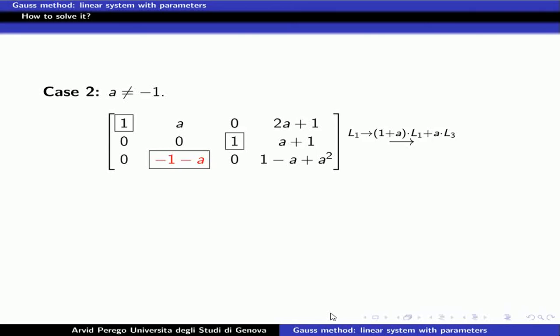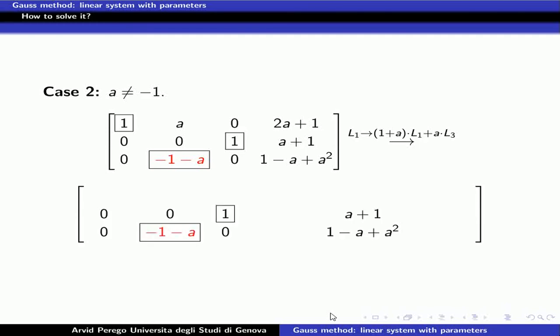And if we do this, then you see that the second and the last row remain unchanged, while the first row gets modified in the following way. So first of all, this 1 has to be multiplied by 1 plus a, so this gives you 1 plus a, and to this we need to add a times 0, which is 0.